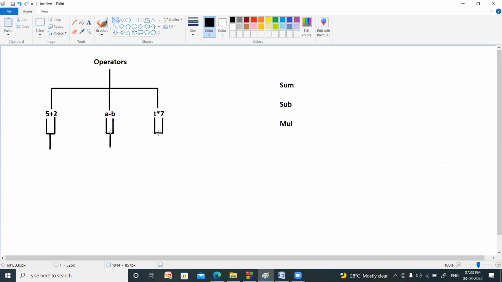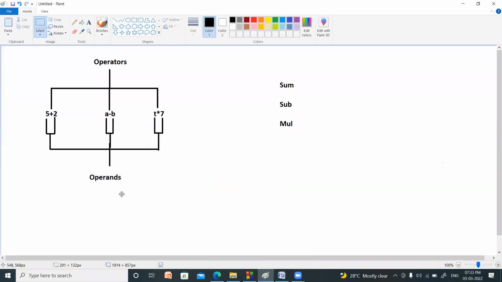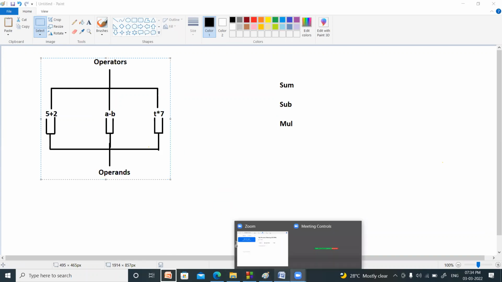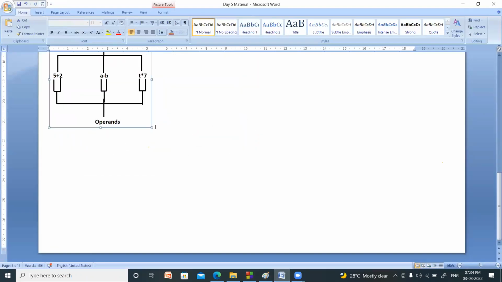Now, what is an operator? What is an operand? Is it clear to you? Yes. Right. This is about operands. Now, I am copying this diagram from here and going to paste it there.